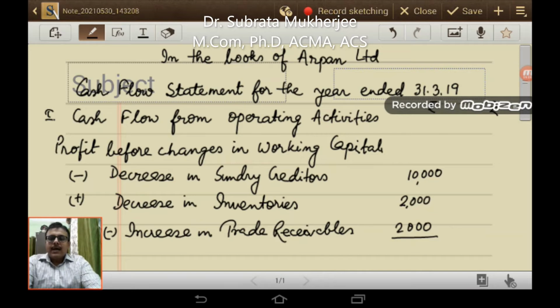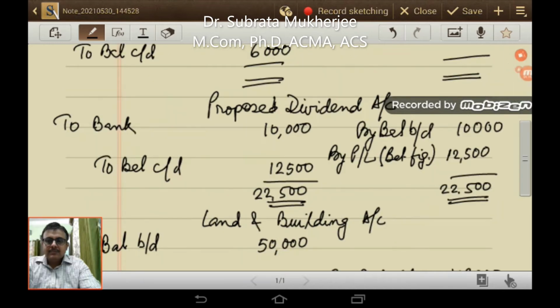So this way I have put all the balances which are given in the balance sheet, and now moving forward to the transactions which are given in additional information. The first item is dividend of rupees 10,000 paid during the year ended 31st March 2019. So your journal entry is proposed dividend account debit to bank.